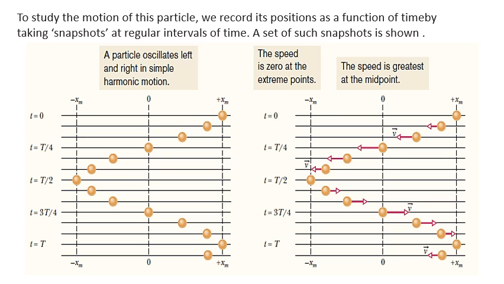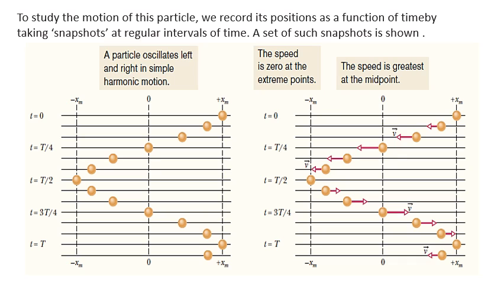The length of the vector arrow is scaled to indicate the speed of the particle. The speed is maximum when the particle is at the origin and zero when it is at plus minus a.